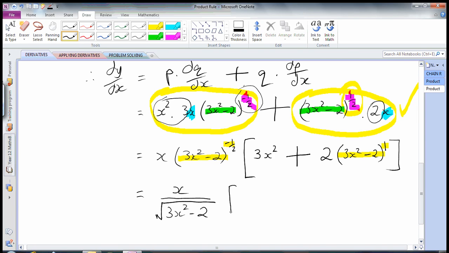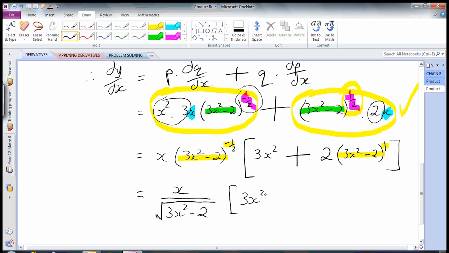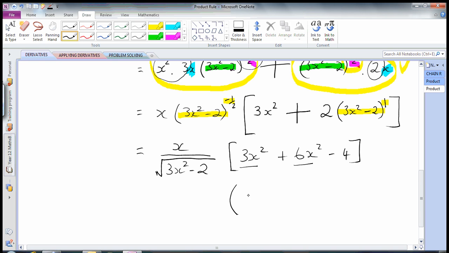Now inside the square brackets, all I am doing is expanding that second bracket and simplifying. So I've got 6x squared minus 4, and I can see now that I've got a 3x squared and a 6x squared, so I can actually add them together, give myself a bit of space. So that's going to become 9x squared, take 4 inside that bracket.